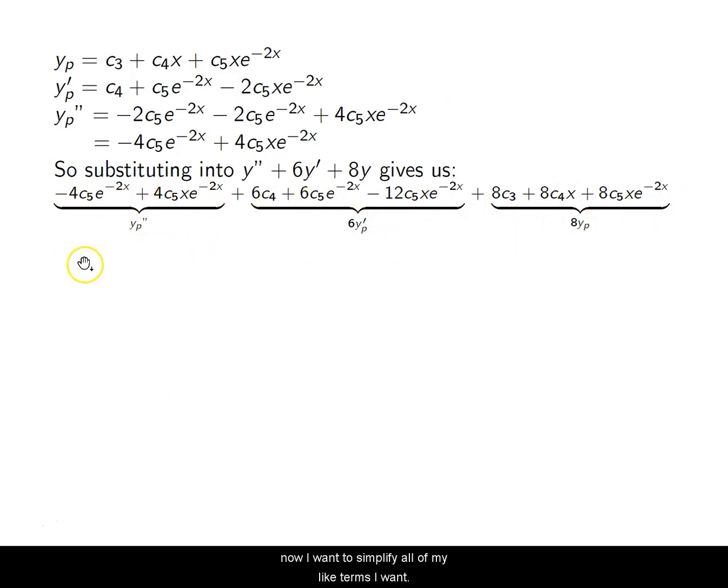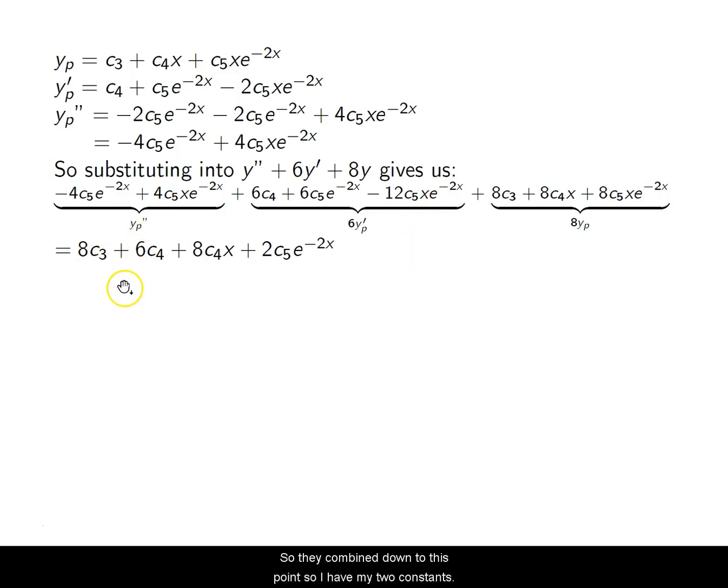I'm just plugging my things in, and then of course now I want to simplify all of my like terms. I want to combine things as much as possible, right? So I have a constant term here, a constant term here. I have c5e^(-2x), c5e^(-2x), and I have c5xe^(-2x) here that get to combine.